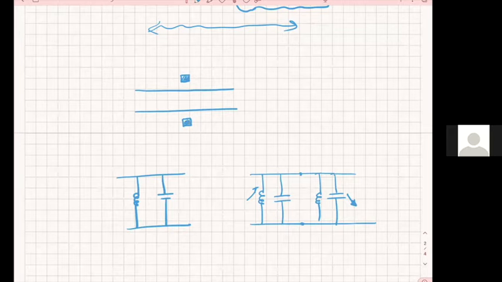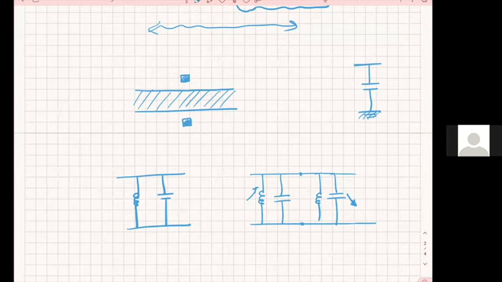And then I need to bring the ground close to the line. Because if you remember, I have a capacitance that is like this. I cannot create a capacitance like that because this is my signal line and this is my ground. So I need to bring the ground to the line. So this is a top view of my microstrip.